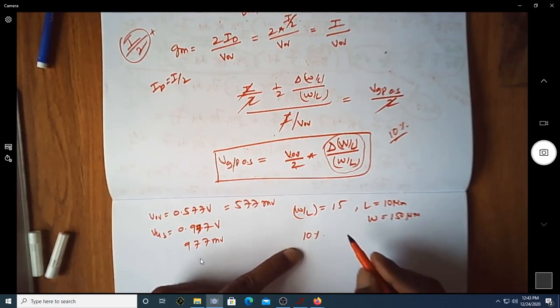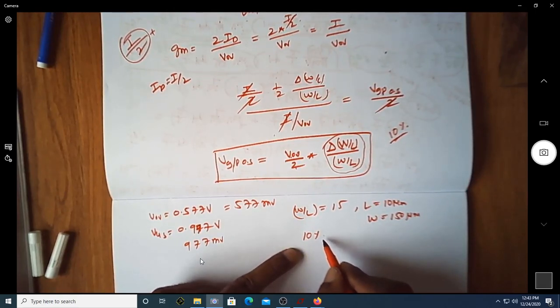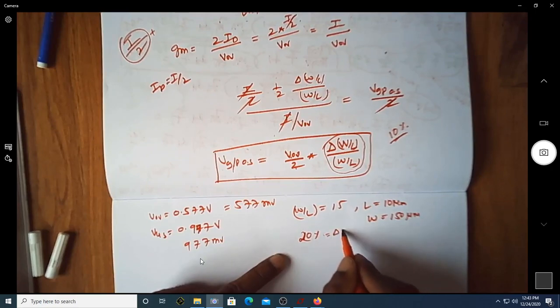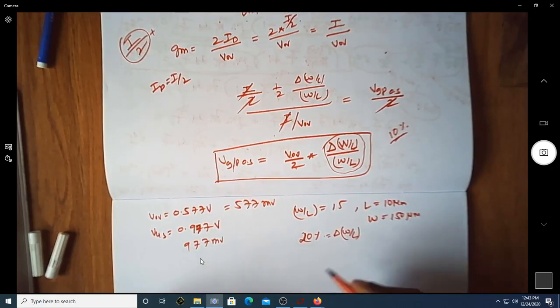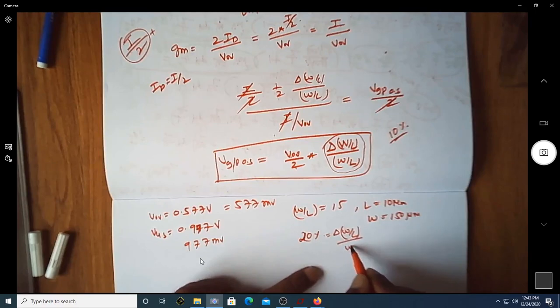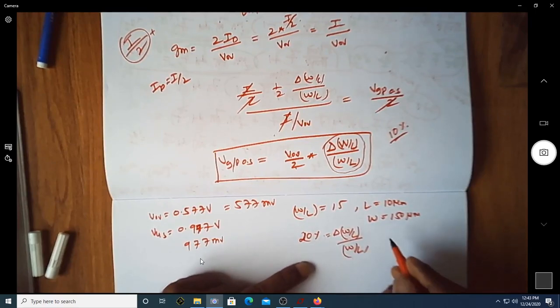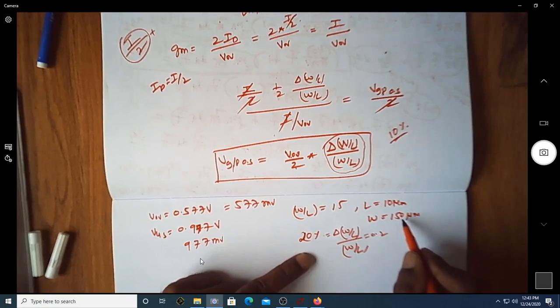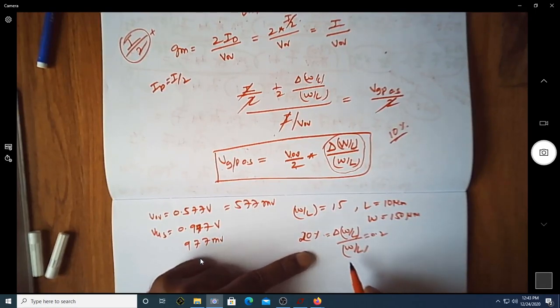Let us introduce an error of 10%. So when I say 10% error, let me introduce 20% error. So 20% error is the value of delta W by L divided by W by L is 20%, that is equal to 0.2. Since I want to have totally 20% error, let the 10% error be divided among both of them.